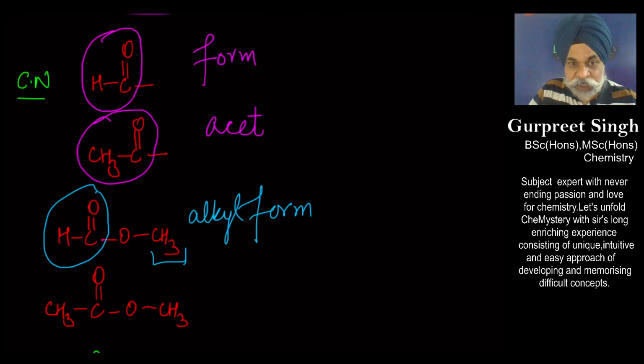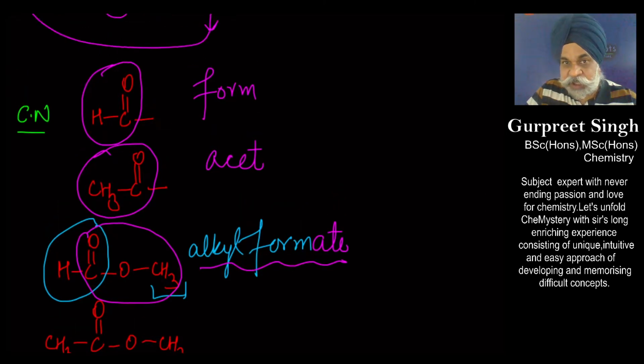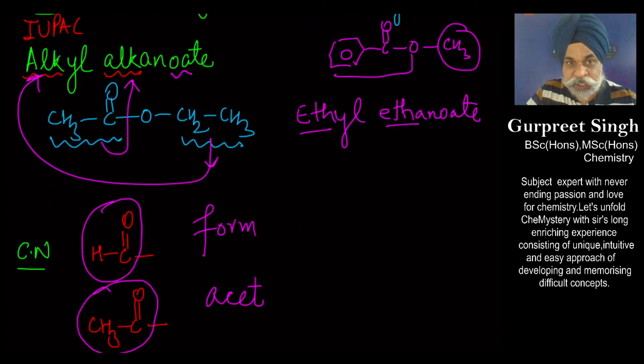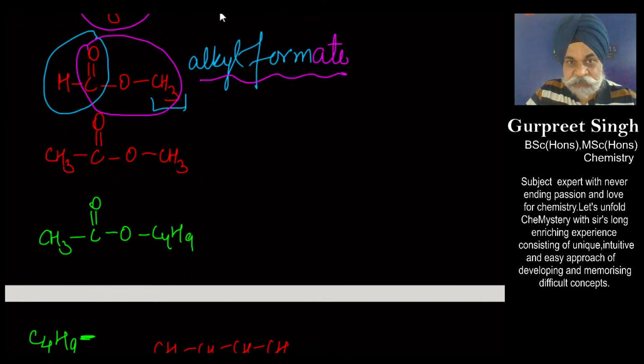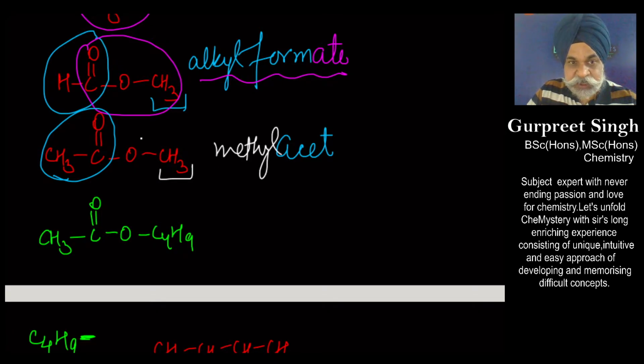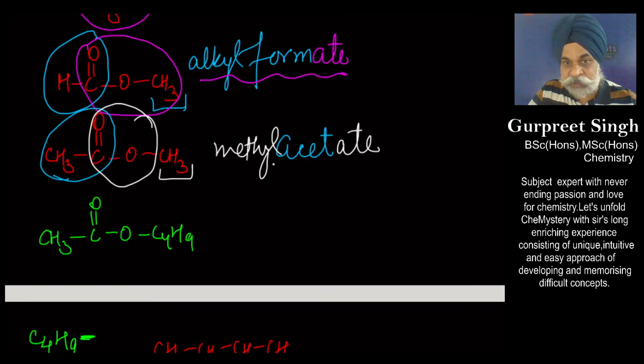Because this is the acid part, this is the ester part, this linkage is the ester linkage, it becomes alkyl formate. If you could recall that in the IUPAC naming it is oate, this o gets omitted in the common name. Another one, if I have to write it once more for you, what is this part? This is acet, and what is this alkyl part? This is methyl, and lastly for this part you have to write ate, so it becomes methyl acetate.